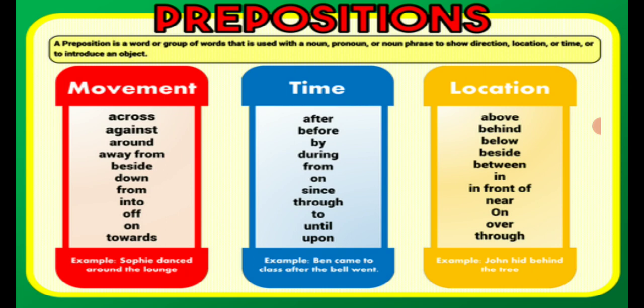So let's start with these types of prepositions turn by turn. We are going to start with the first kind of preposition, the preposition of location. It is also called the preposition of position. Let's see what the preposition of position is.